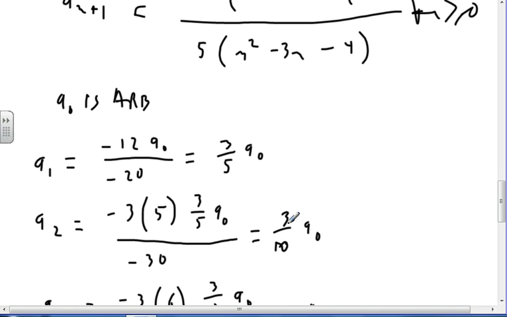For A2, I'm supposed to be getting 9 over 50. Okay, so I did that one in my head, right? Minus 3 times 5 times 3 divided by 5 divided by minus 30 is 0.3. So what am I doing wrong?